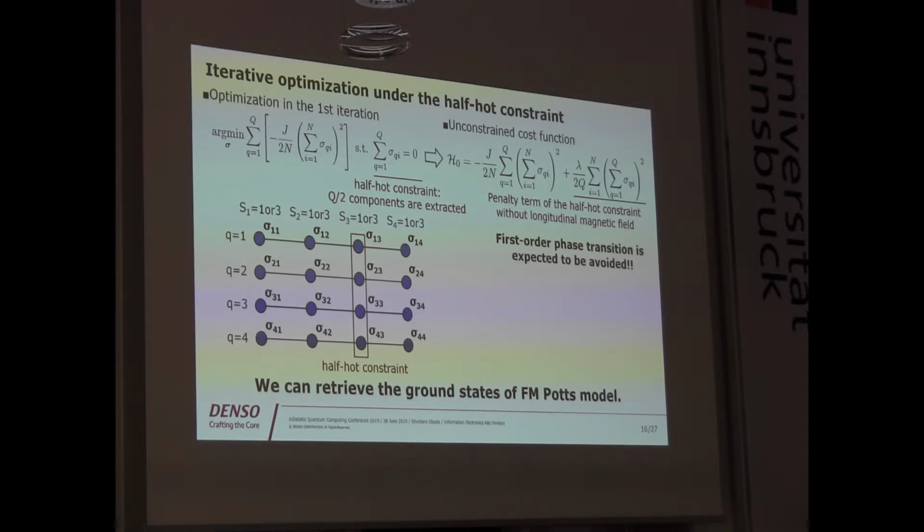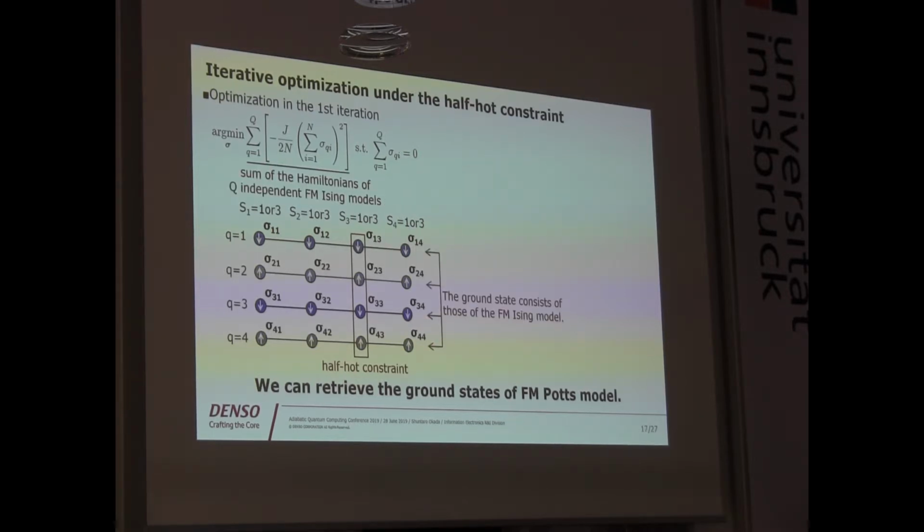The unconstrained cost function is shown here, and the second term is the penalty term of the half-hot constraint. The penalty term consists of only the antiferromagnetic interaction and does not contain the longitudinal magnetic field. Therefore, the first-order phase transition is expected to be avoided in the first iteration.